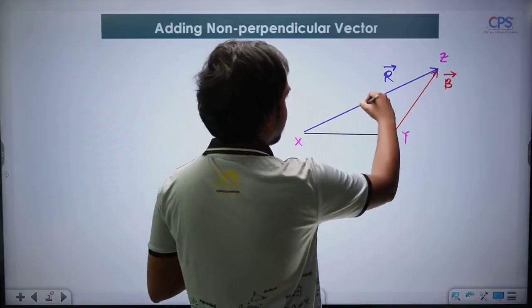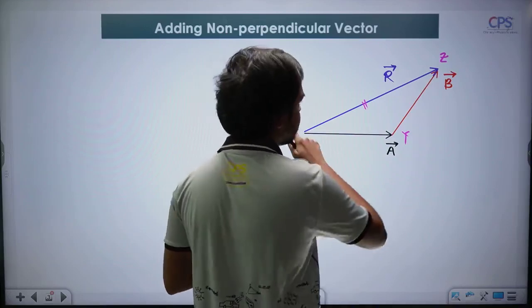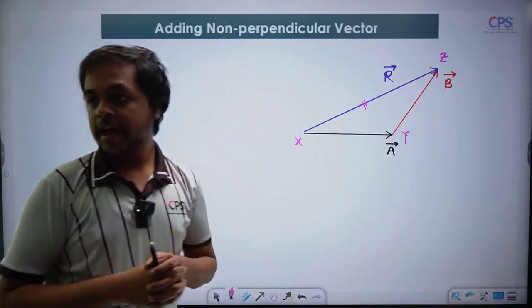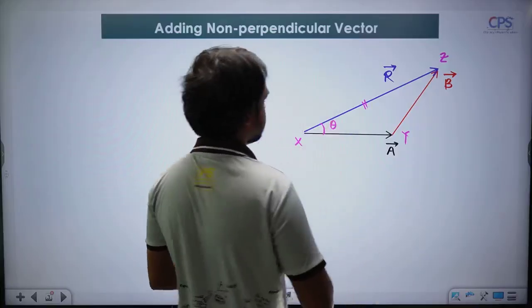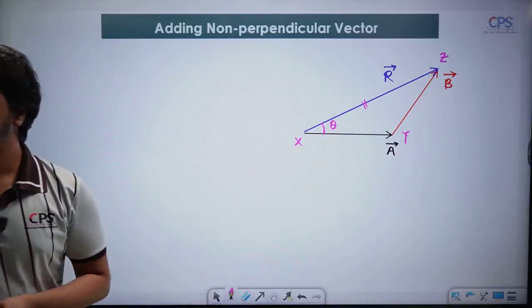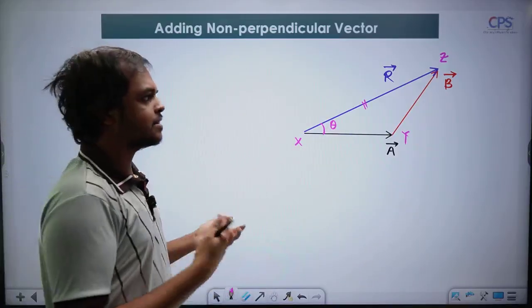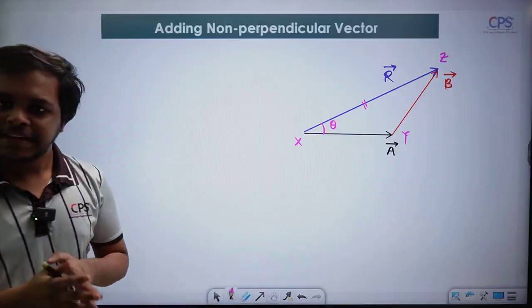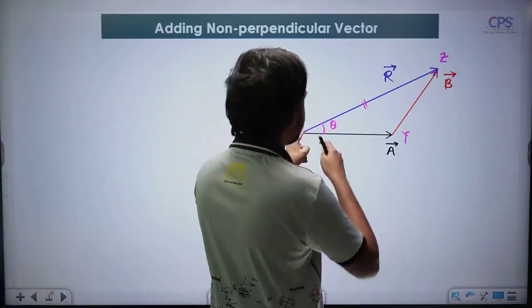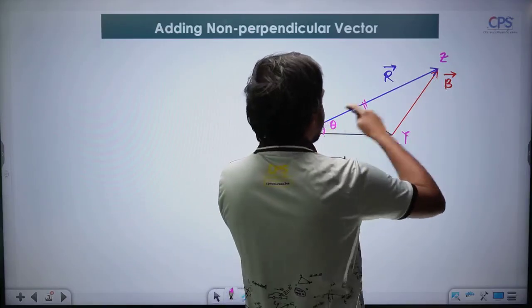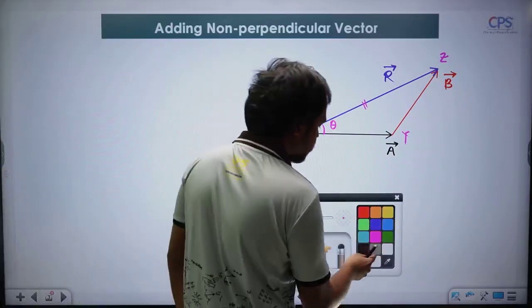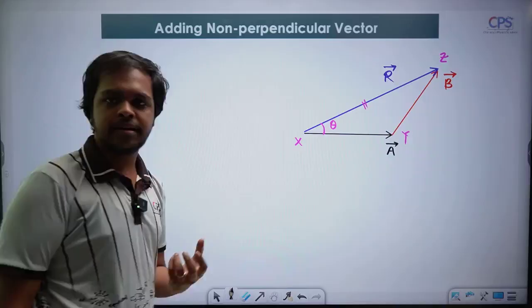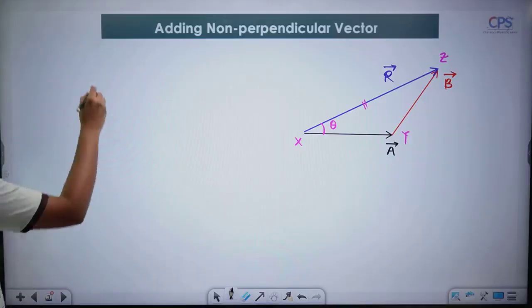If we get the value of this arm, this is the value of the resultant vector, and if we get the angle of this arm, this is the angle of this vector. As easy as that. Right now we need to carry out the calculation for getting the value and the direction of the arm. To get the value, we need to remember a formula named the cosine formula.